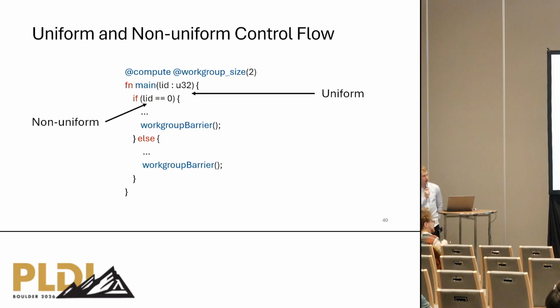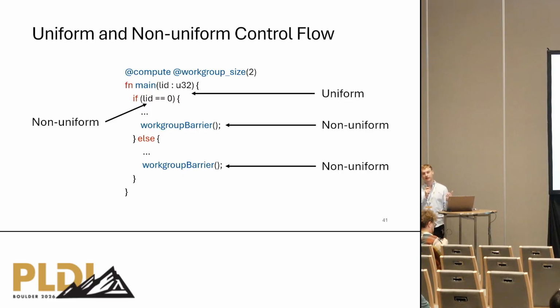In the case of expressions, an expression is considered non-uniform if it would dynamically have different values in different threads. So this Boolean condition is going to evaluate to true in thread 0 and false in thread 1, so it's non-uniform. And because this expression is non-uniform, control flow inside the if statement is also non-uniform. There is no branch in this if statement that will be executed by all threads.